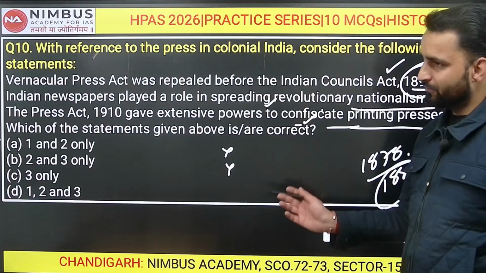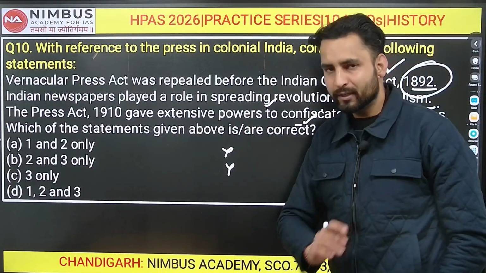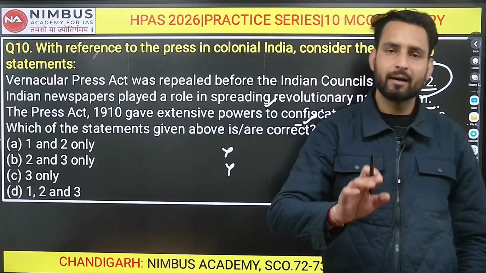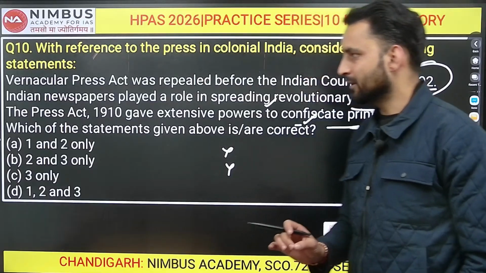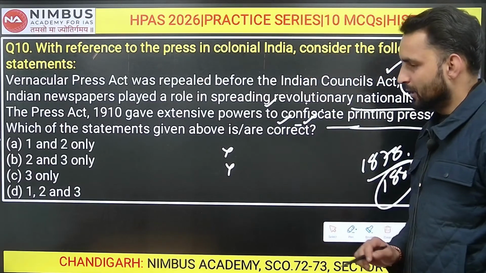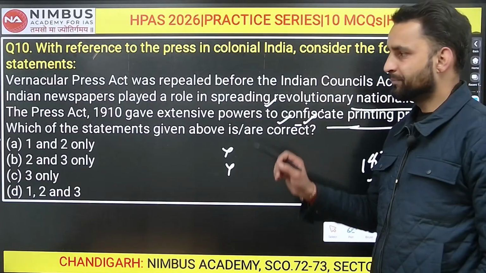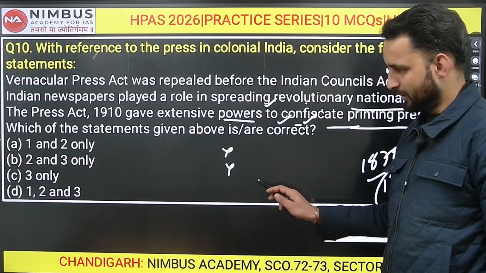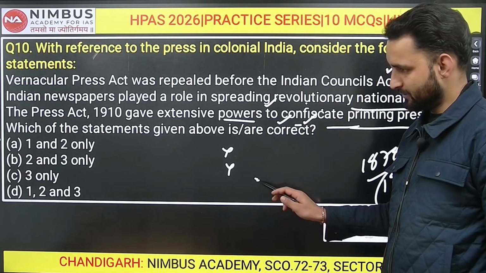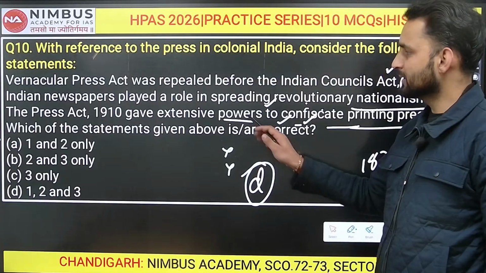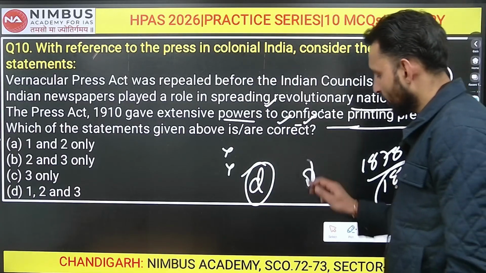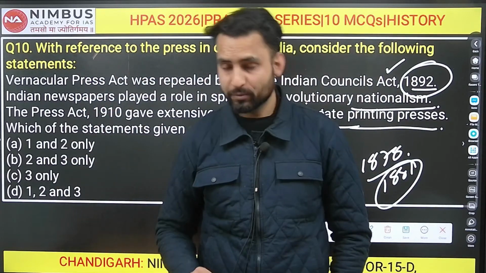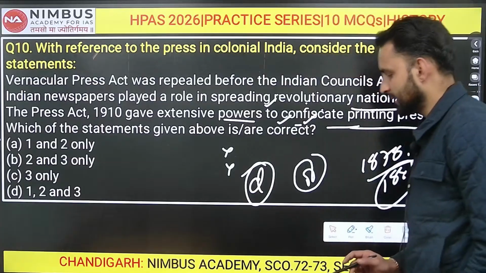So if any newspaper through any printing press is published and it criticizes the government and government policies, there is a provision in the Press Act that there will be confiscation of the printing press, right? So the third statement is definitely right. Option D, that is 1, 2 and 3, all three are correct statements. Option A will not be the right answer. Option D will be the right answer for question number 10, right?